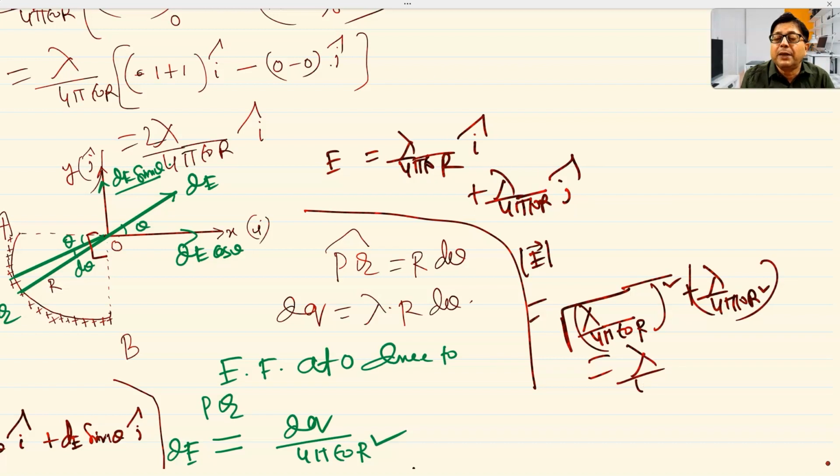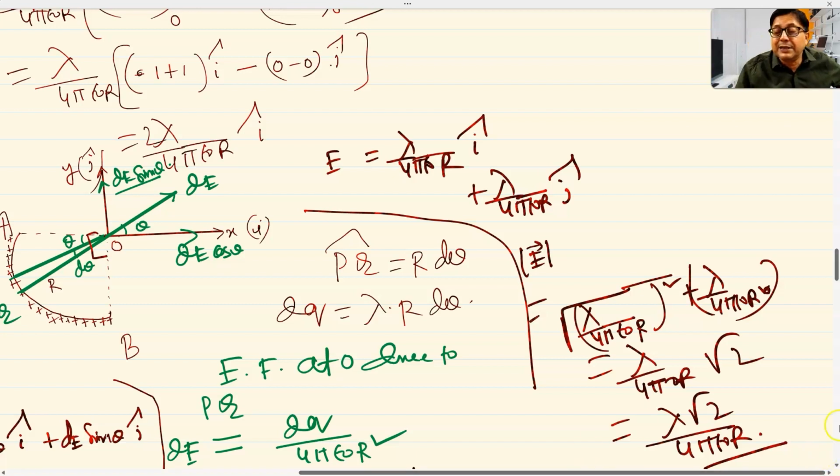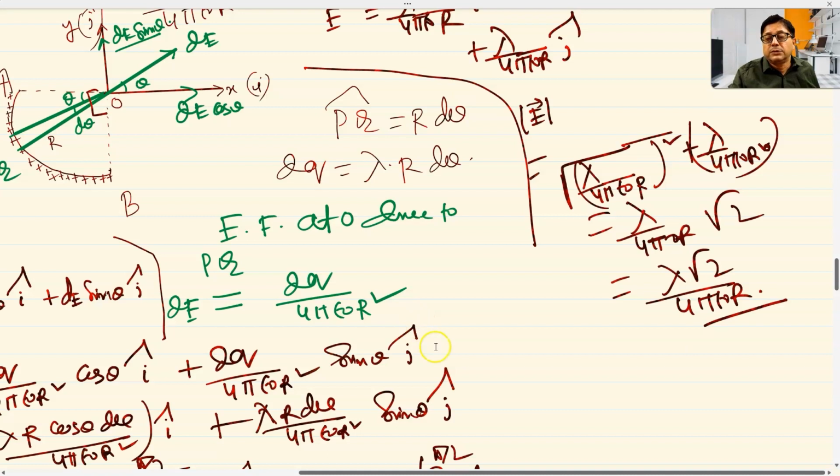So this will be lambda by 4 pi epsilon 0, not R square, it is R. E we are finding this multiplied by root 2. So final answer lambda root 2 by 4 pi epsilon 0 R. Alright. So electric field on the axis of the semicircular charged wire is given by this thing. Lambda root 2 by 4 pi epsilon 0 R. Alright.